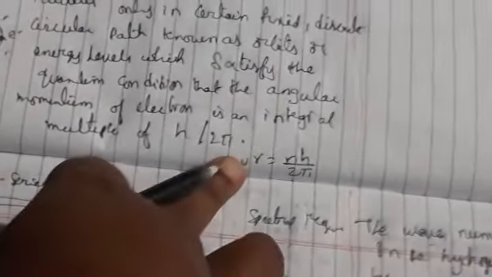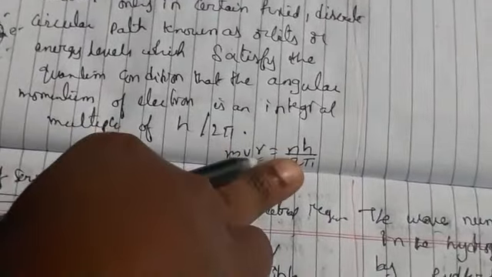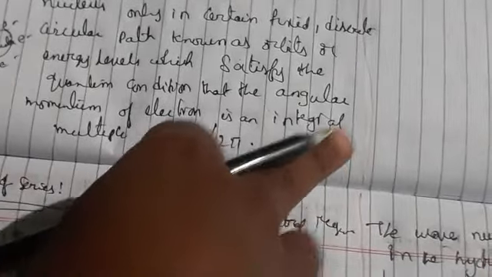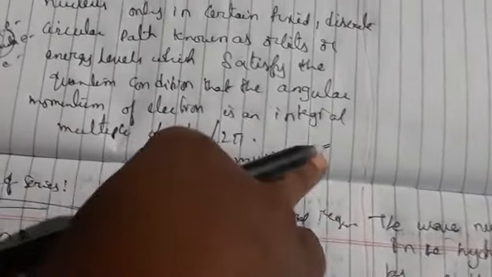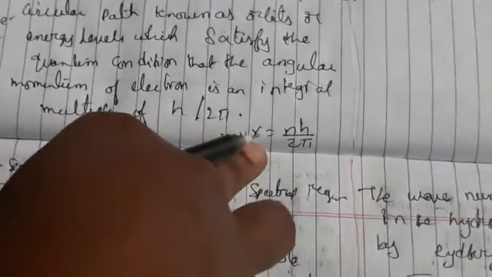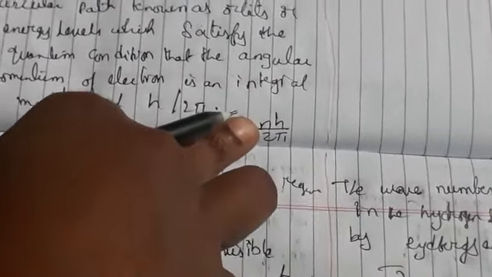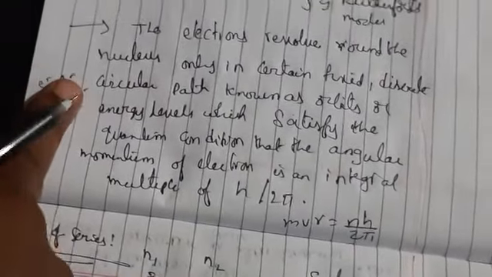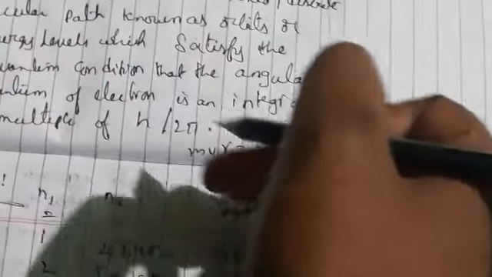The formula is mvr equals nh by 2 pi, where n is an integer, which is why we say integral multiple of h by 2 pi. Here m is mass, v is velocity, r is radius, and h is Planck's constant. This is one of the postulates.